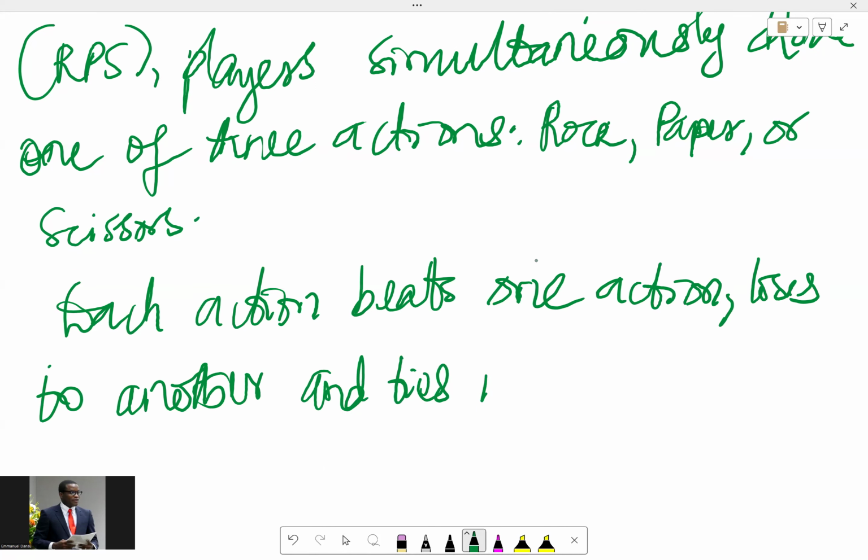That simply means that if two people are playing the game, and as many people as possible can play the game, but if two people are playing, for instance, if I end up with a rock and the other person ends up with a paper, then the paper person wins.